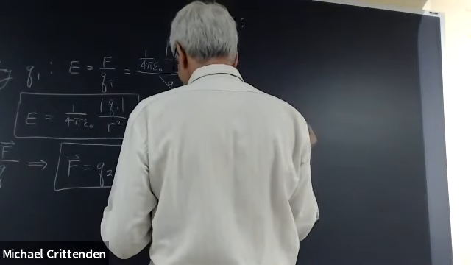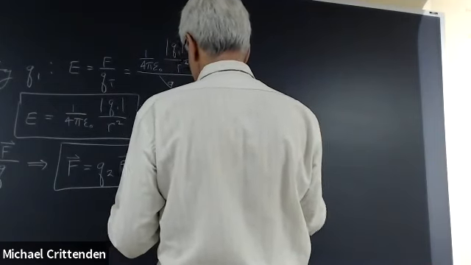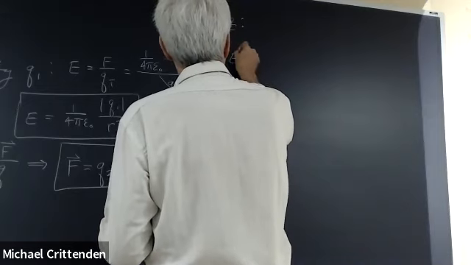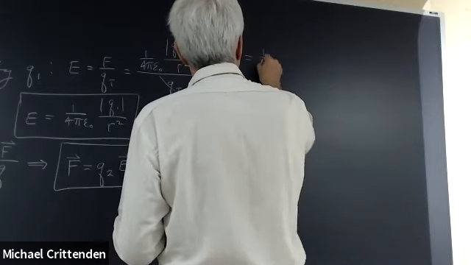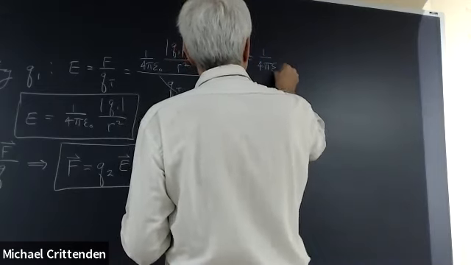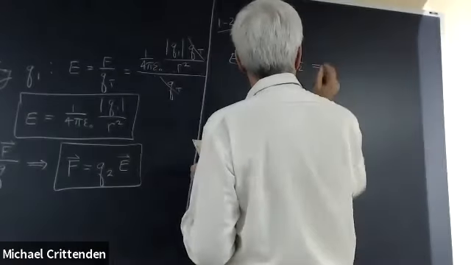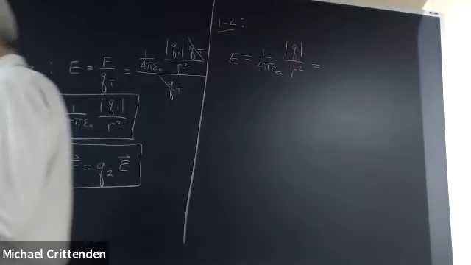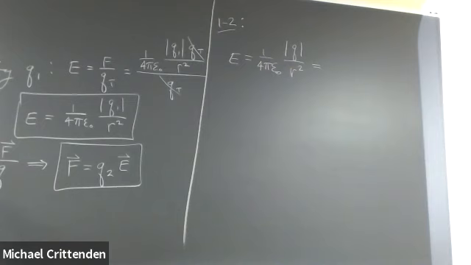So as far as the magnitude, well, like I just got done saying over here, that formula tells you the magnitude of the electric field a distance r from the charge.